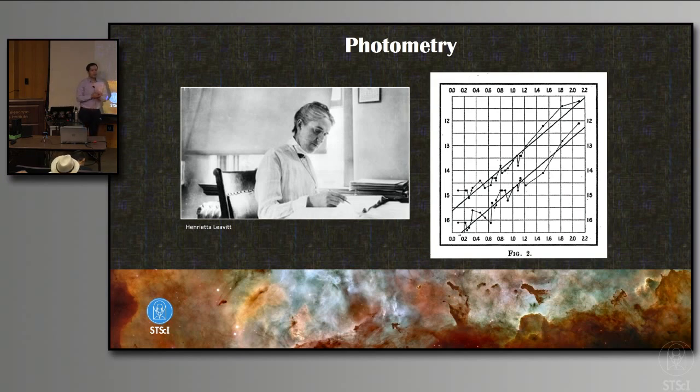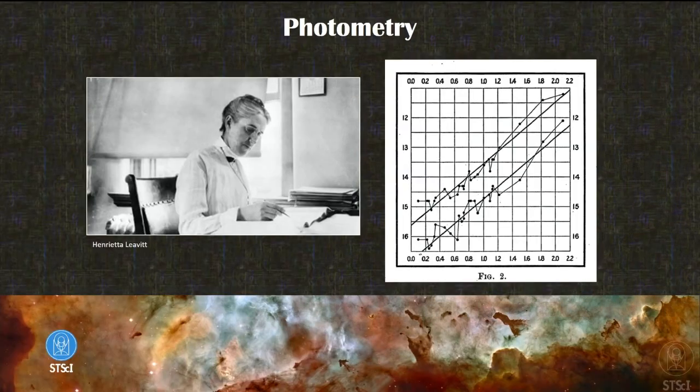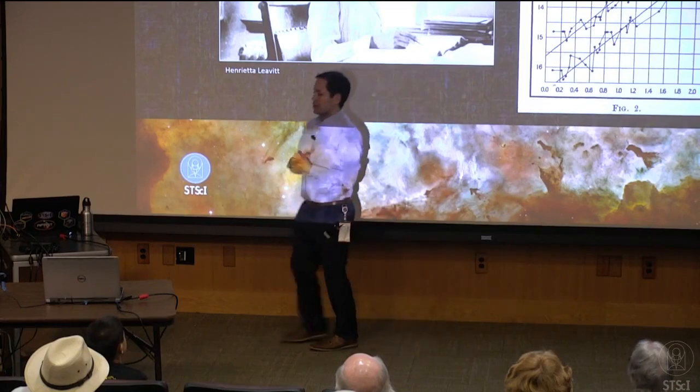This is basically looking at those variable stars, which I talked about earlier, stars that vary in the night. And what she noticed is that if you look at a star's period, how much it brightens and fades for certain kinds of stars, and you also measure the brightness changes, there's a relationship there.